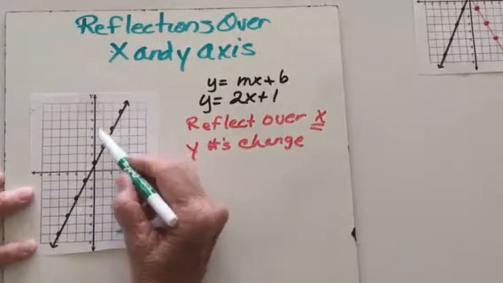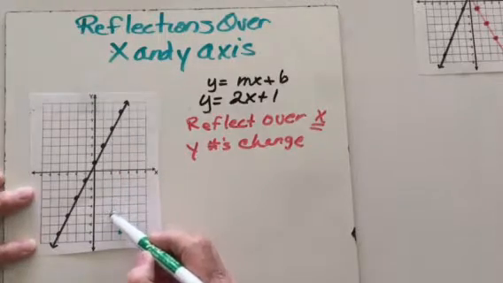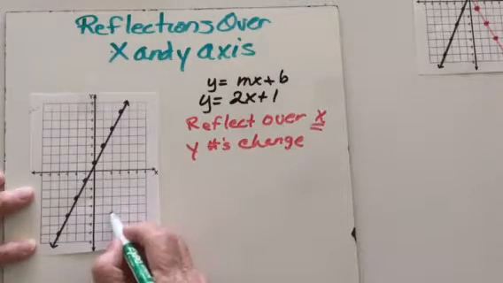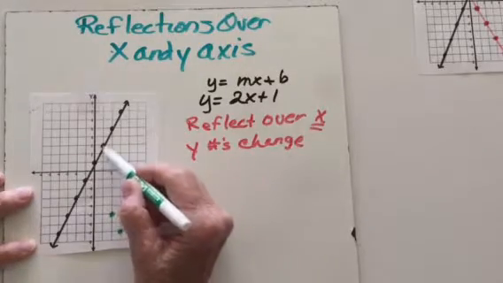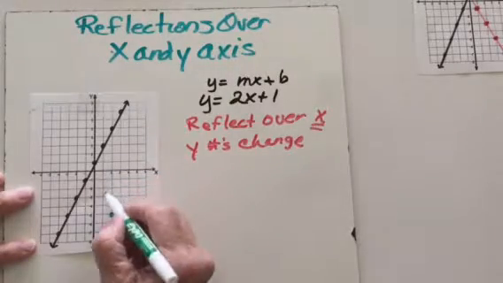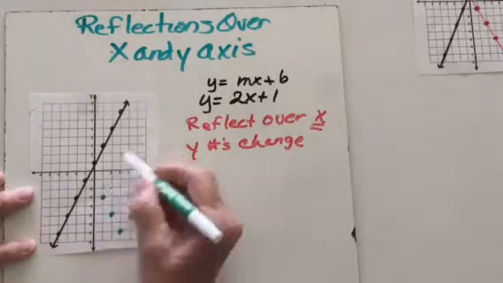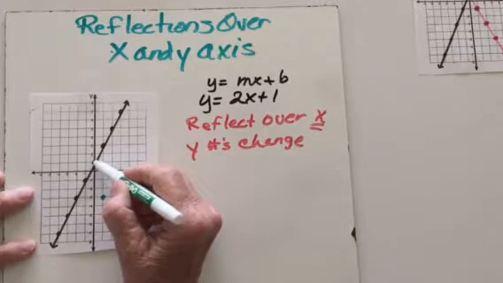This was 2, 5. I'm going to bring it down to 2, -5. This is 1, 3. I'm going to bring it down to 1, -3. This was 0, 1.